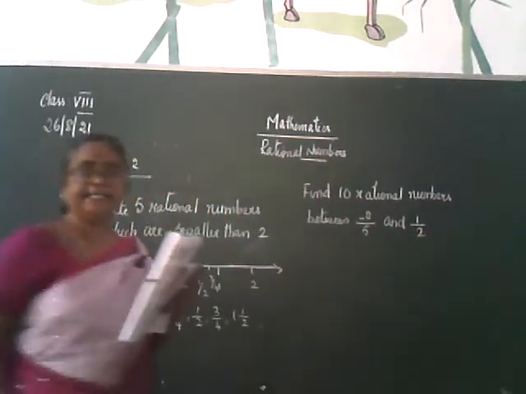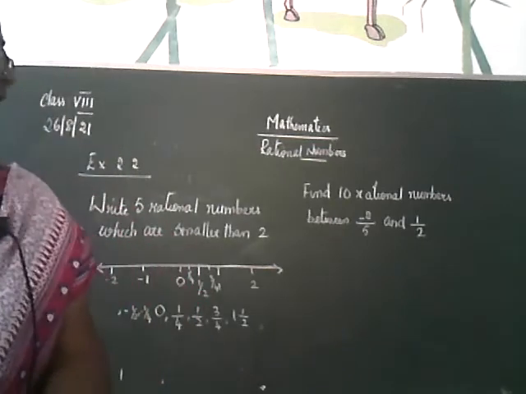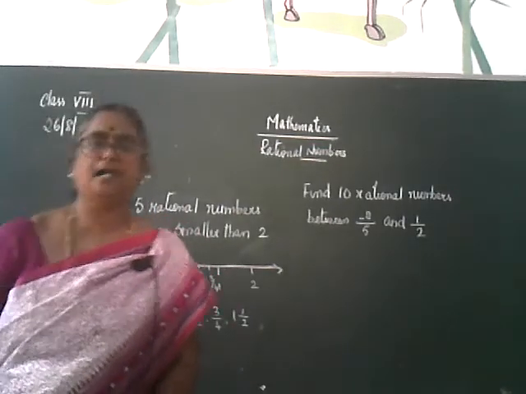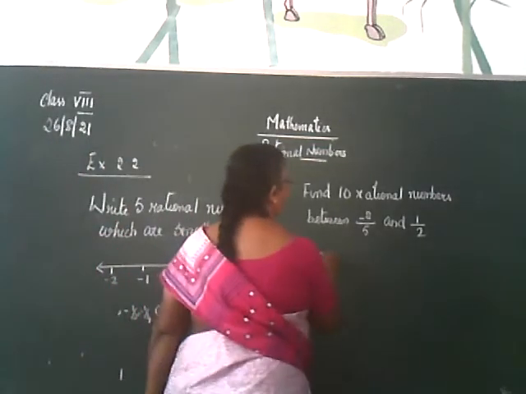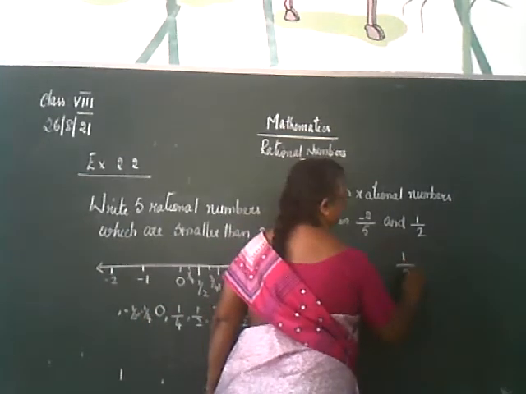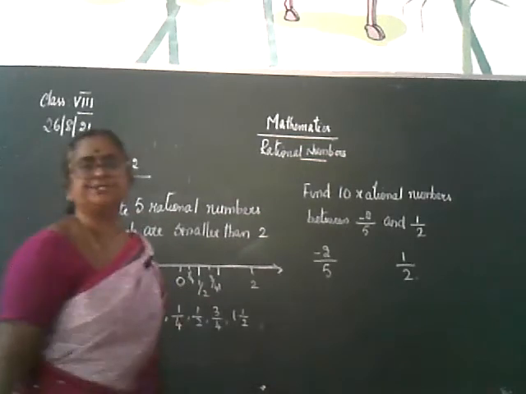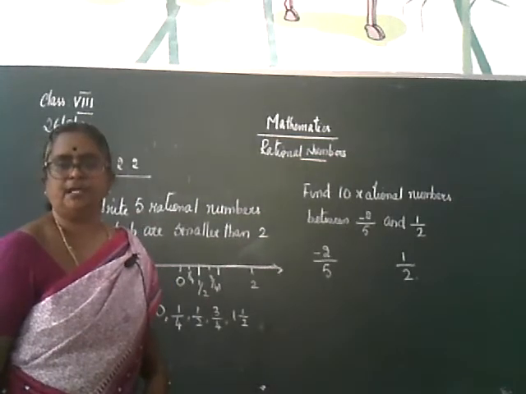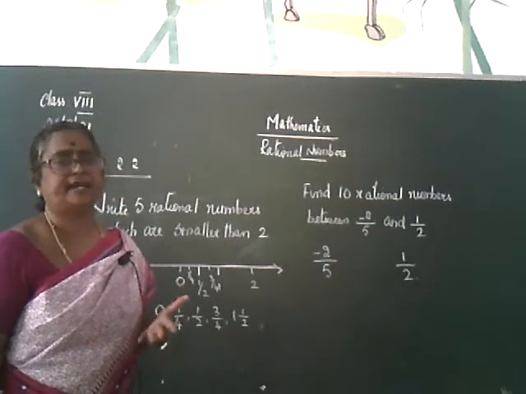Find 10 rational numbers between minus 2 by 5 and 1 by 2. So I should find out between these two. Okay. So how can I find?